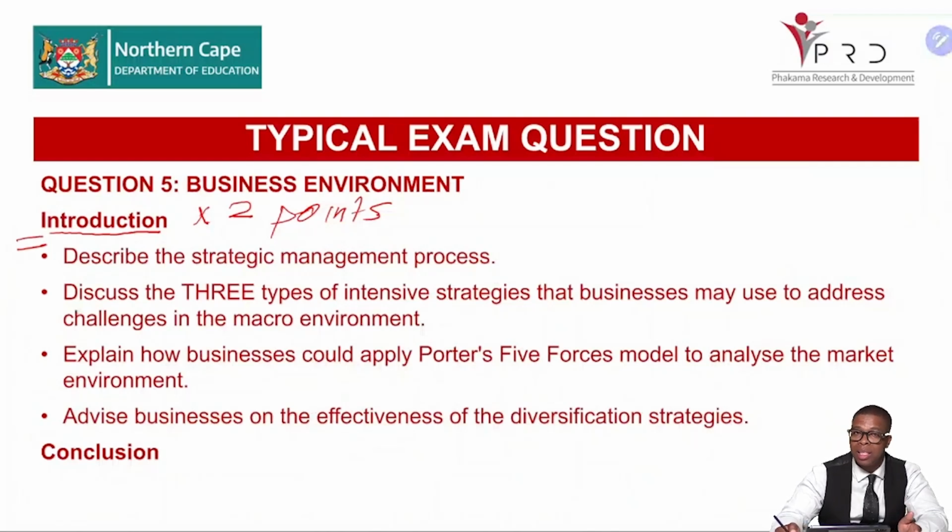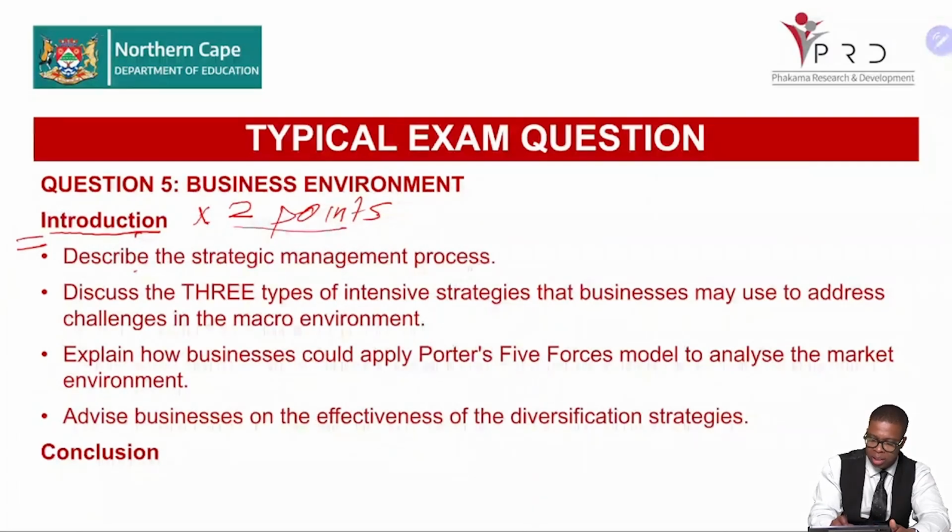And the business will have the following tools available for environmental scanning, which will include SWOT analysis, Porter's 5 forces, and PESTEL. Now you are responding to the first subheading after skipping a line with your 2 points under introduction. Then here you provide maybe 4 points ×4.